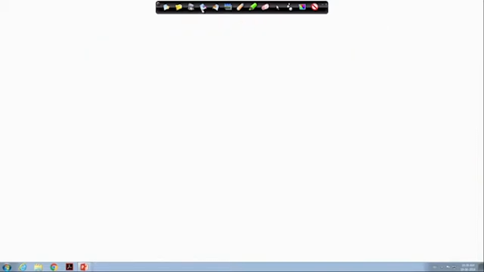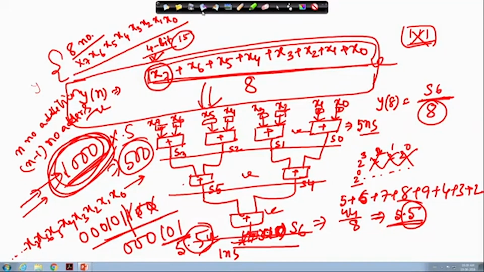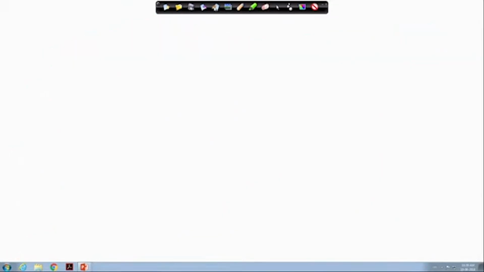The total computation time will be 999 plus 3 into 8 plus 2 into 1, so that is 1025. Earlier I mentioned 1016, which is not the correct number. 1025 nanoseconds is the correct number for that particular circuit.